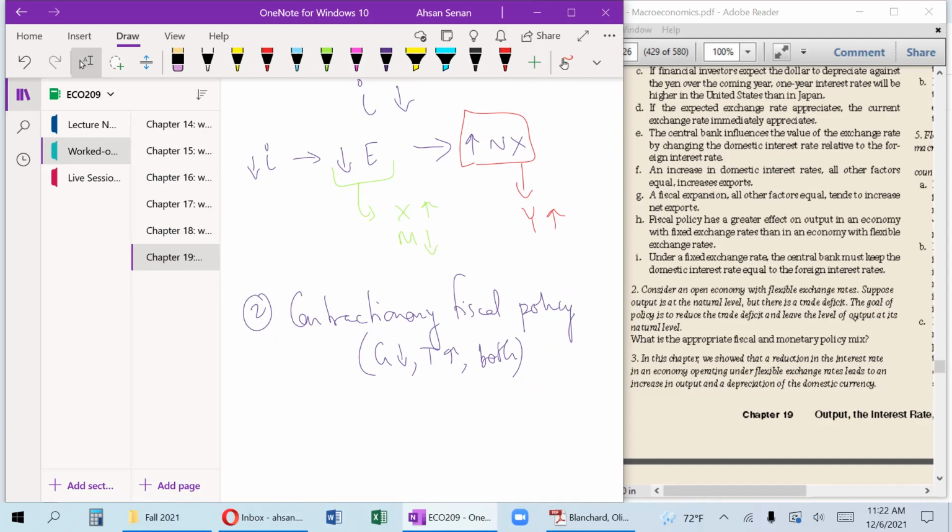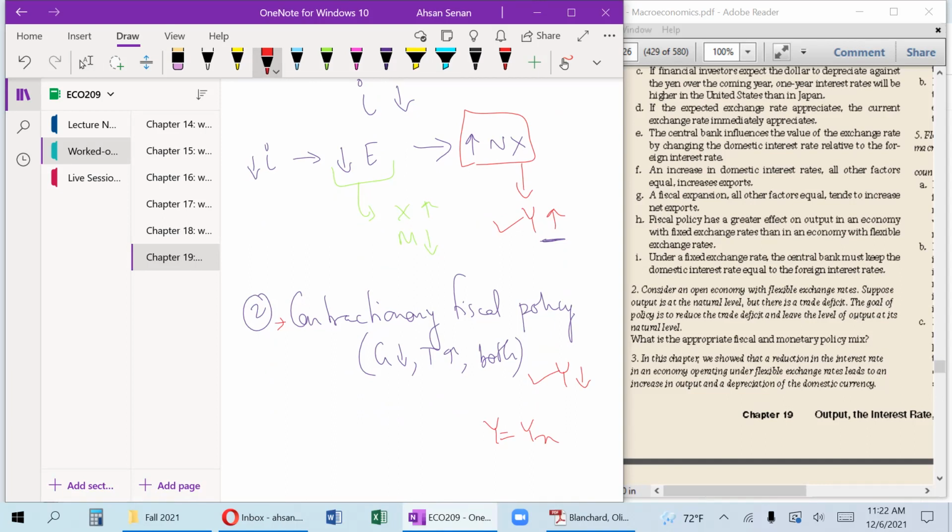So even though Y is increasing here, we are going to have Y falling here. And if we measure this policy properly, then the rise here and the fall here will balance out, and we are left with a situation where output is equal to the natural rate.